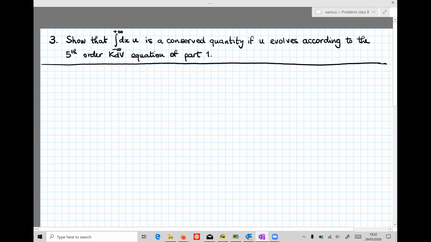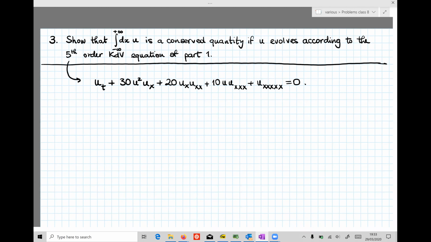So in part 3, we're asked to show that the integral of u over space is a conserved quantity if u evolves according to the fifth order KdV equation that we obtained in part 1. One way to approach this question is to do computations, again, similarly to what you would have done in the previous part.